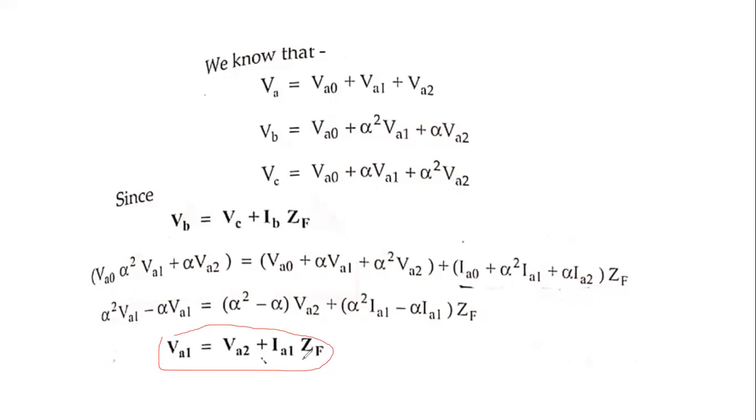Therefore IB is equal to IA1, and VA1 is equal to VA2 plus IA1 into ZF.